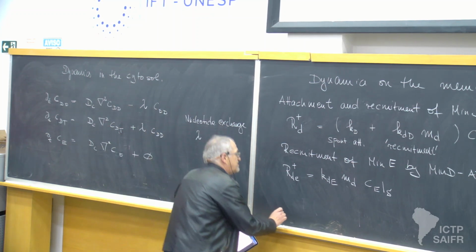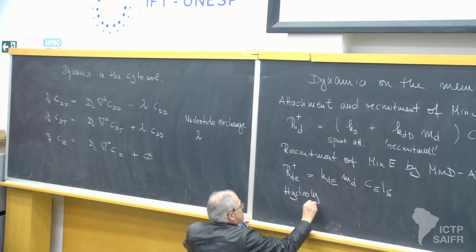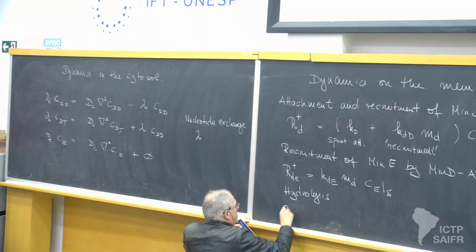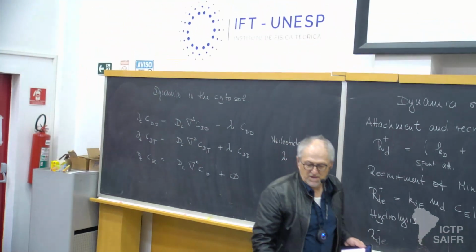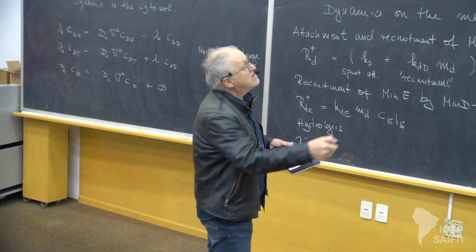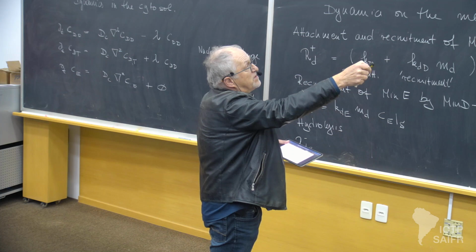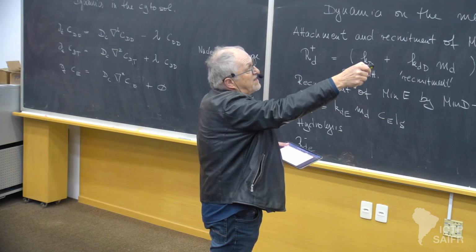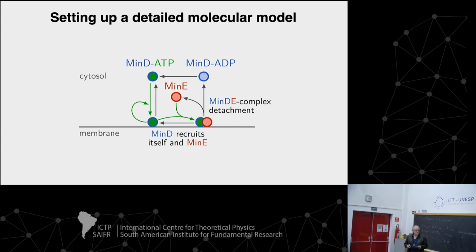Okay, so the last one is hydrolysis, and that I call R_DE minus. And I put a minus here because hydrolysis is the event where you have the dimer, the min-DE dimer, and within the dimer there's hydrolysis happening such that you have switching off of activity and going back to the cytosol.